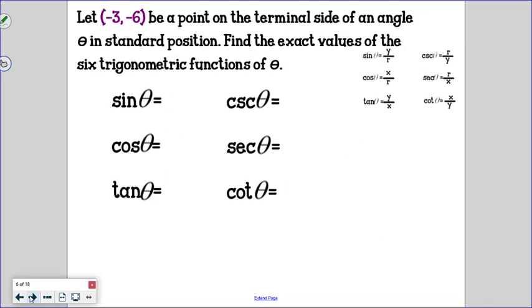Try drawing one on your own here, and then I'll help you finish out the triangle and get to our 6 trig functions. But it says let -3, -6 be a point on the terminal side of your angle in standard position. So what I want you to do is draw that triangle, work on your hypotenuse.